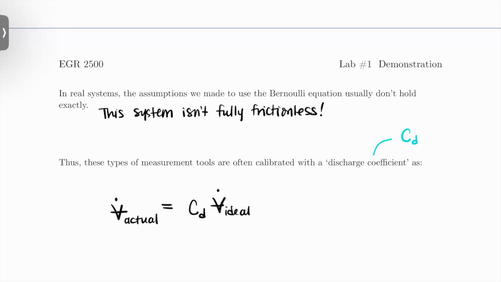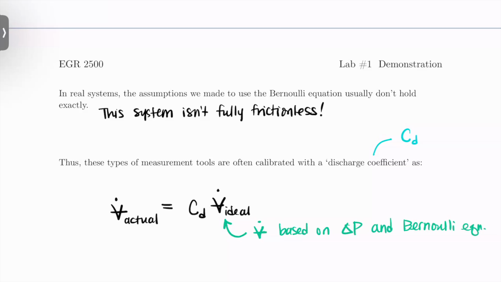Okay, so this is the volume flow rate based on delta P and the Bernoulli equation. Right?